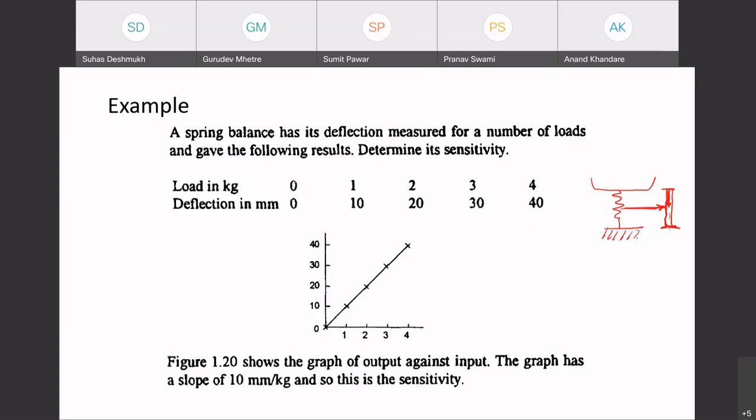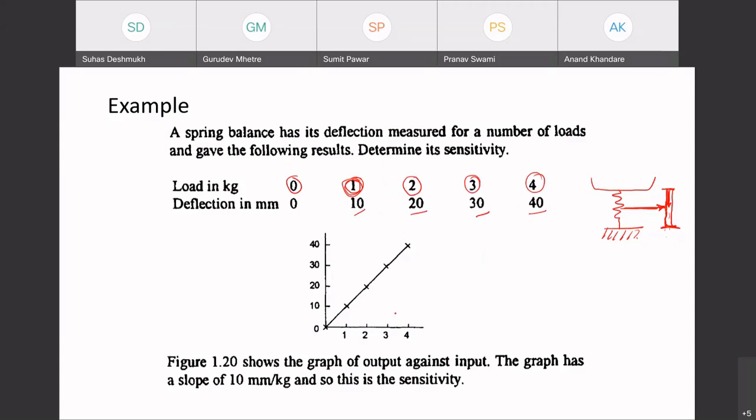One thing I observed here: I put the load at zero, my displacement is zero. As I increase the load, the displacement goes on increasing. Sensitivity means, for 1 kg load, I got a 10 mm displacement, for 2 kg, 23, for 3 kg, 34, for 4 kg, 40, like this.